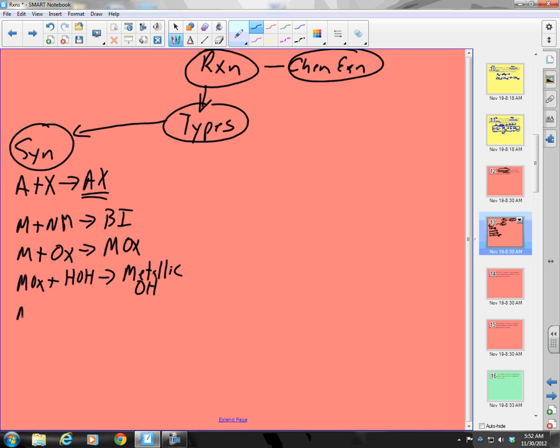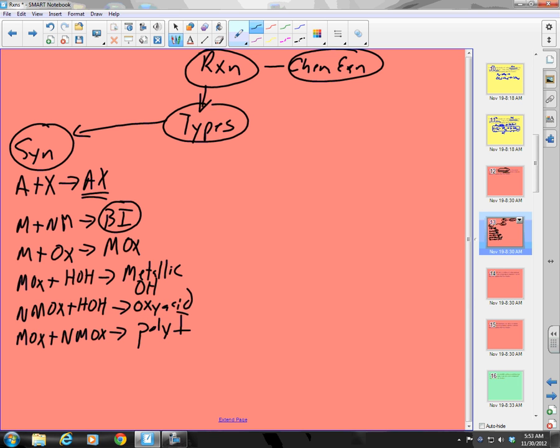We could have a non-metal oxide plus water, and that will make an oxyacid. And finally, a metal oxide plus a non-metal oxide will make a polyatomic ionic compound, as opposed to my binary ionic. Good, and so those are my synthesis reactions.